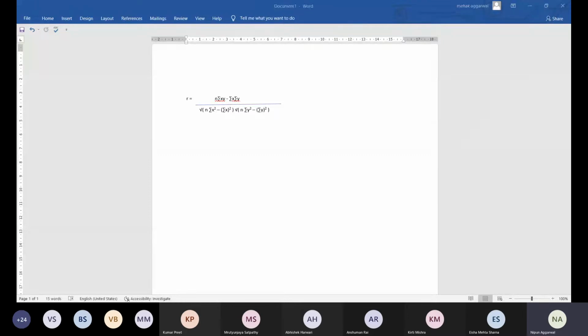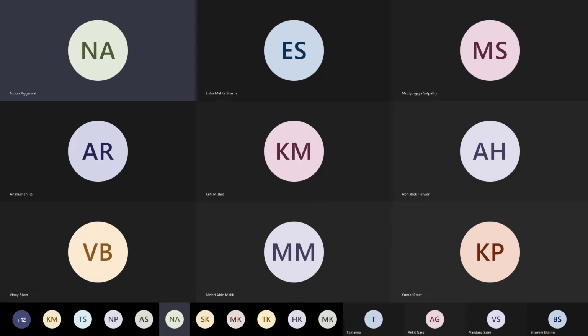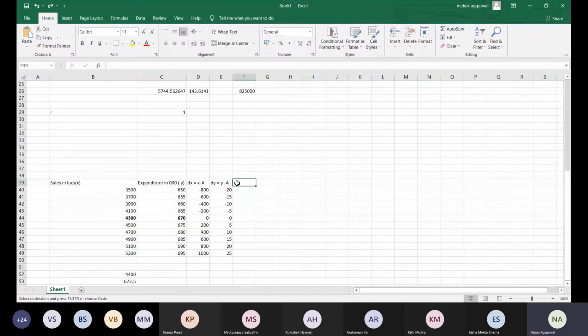Fine. So now next, if you want to reduce your calculations further, you can use the step deviation method. So this is the assumed mean. Now you can use the step deviation also, dy dash.